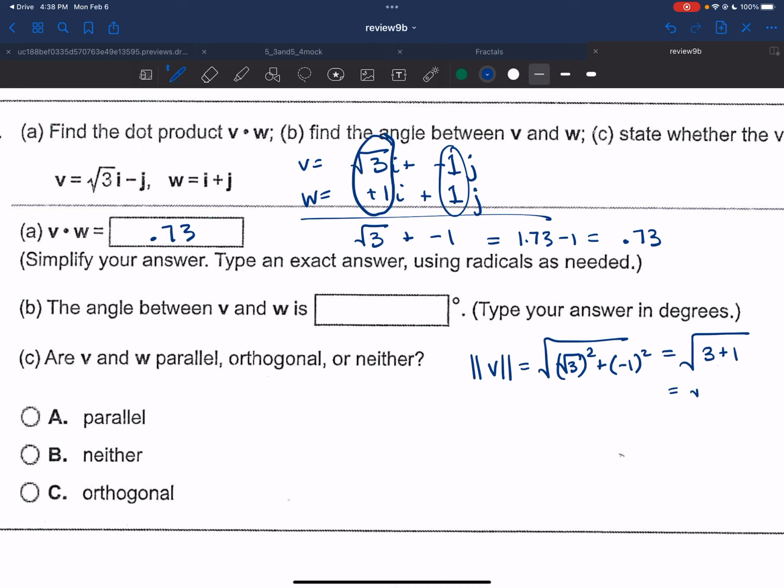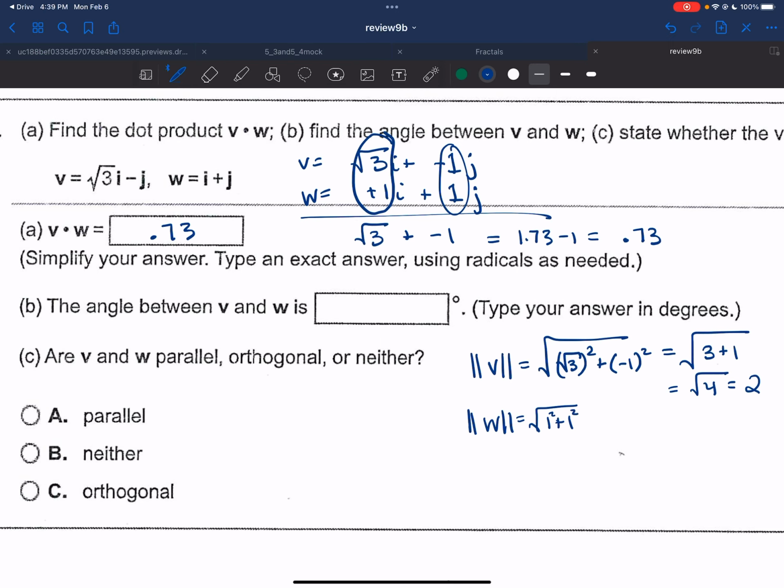So that's the square root of 4, which is 2. And then W is square root of 1 plus 1, because I'm going to square both ones, right? That gives me square root of 2.